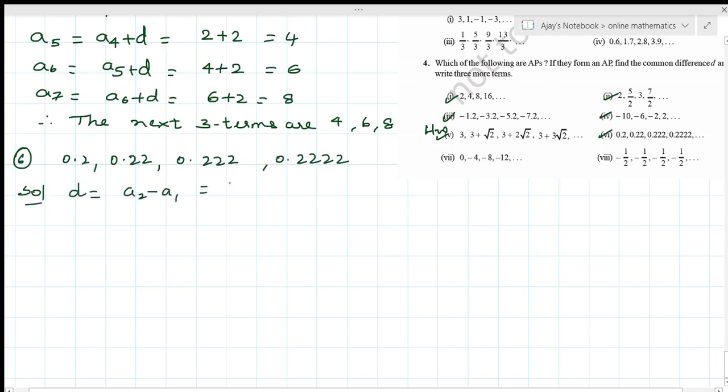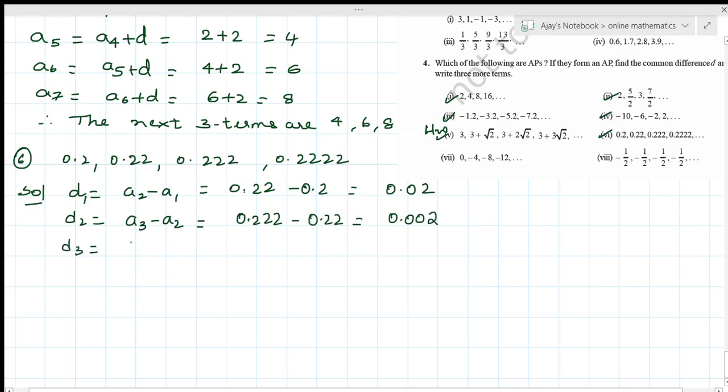A2 is 0.22 minus 0.2, so I get 0.02. This is D1. D2 is A3 minus A2. So A3 is 0.222 minus 0.22. It is 0.002.